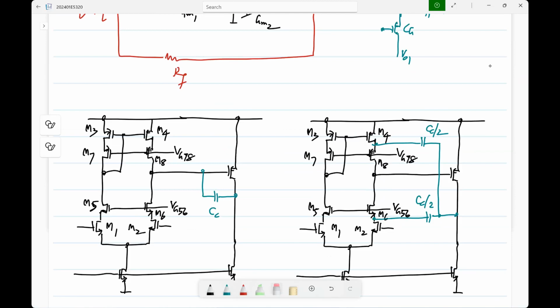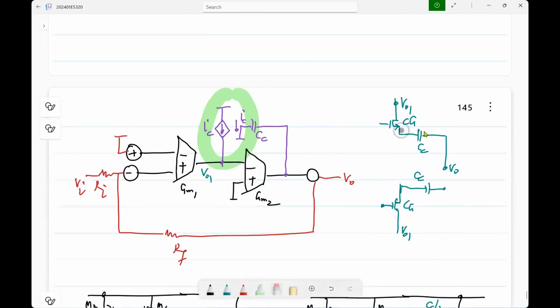Now you are talking about the cascode's input impedance, which is 1 by GM6 here and 1 by GM8 there. Whether that is sufficient for the value of CC you have, that is something you have to check. It could be that your original design for whatever reason has very small current in the first stage and very large current in the second stage and a very large CC. Whenever we say the impedance is small or large, when is this common gate impedance small?